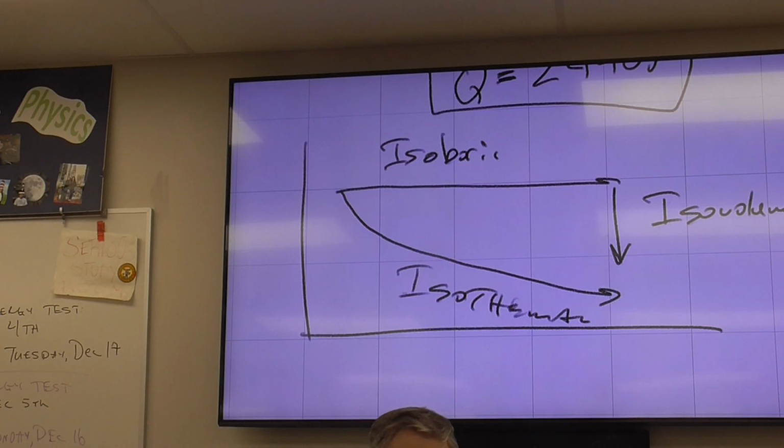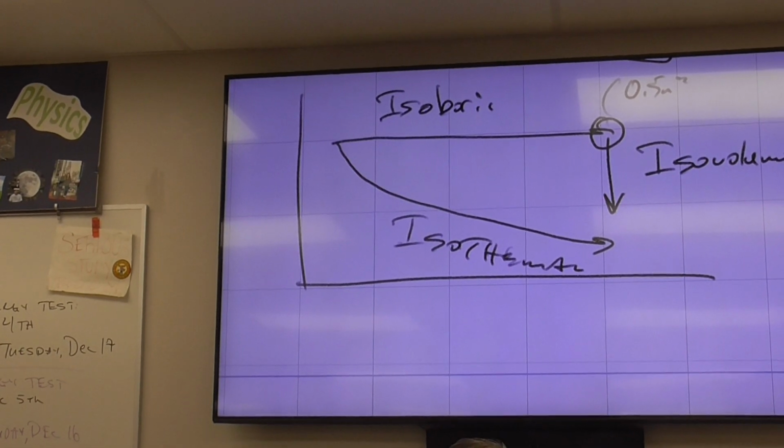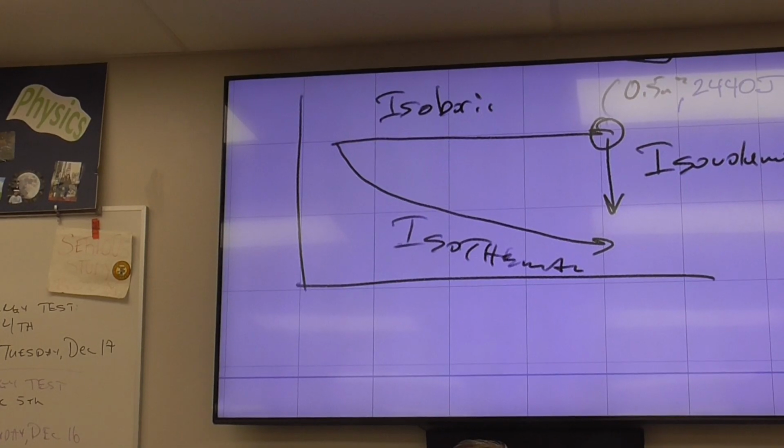okay? So it makes this point up here. What were the numbers for that last one? We had a volume of 0.5 cubic meters, and the pressure of 2440, right? Like 2.44 times 10 to the third.